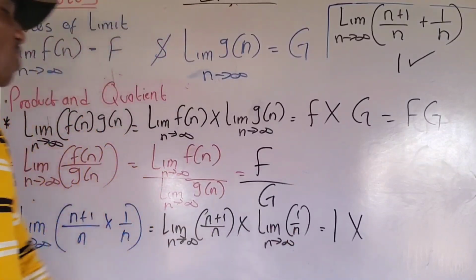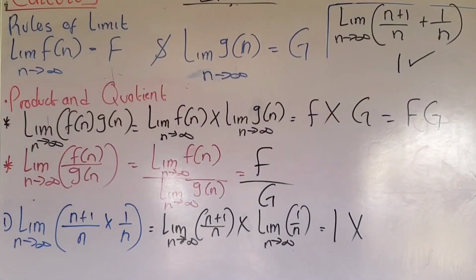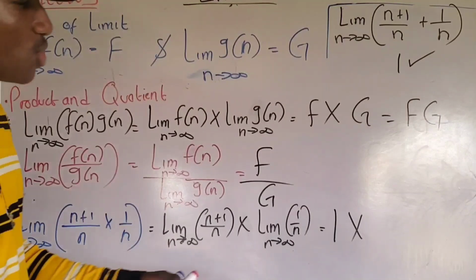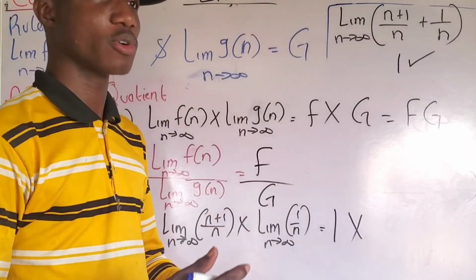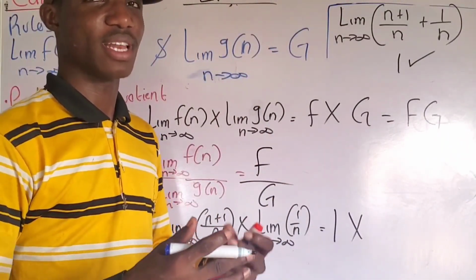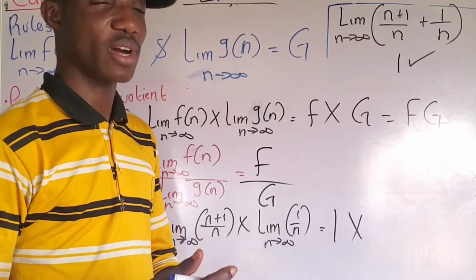the limit of 1 over n as n tends to infinity. That will be what? 0. You understand? Because I told you when I started this class that with infinity, we assume it is a large number and it doesn't have an actual value.